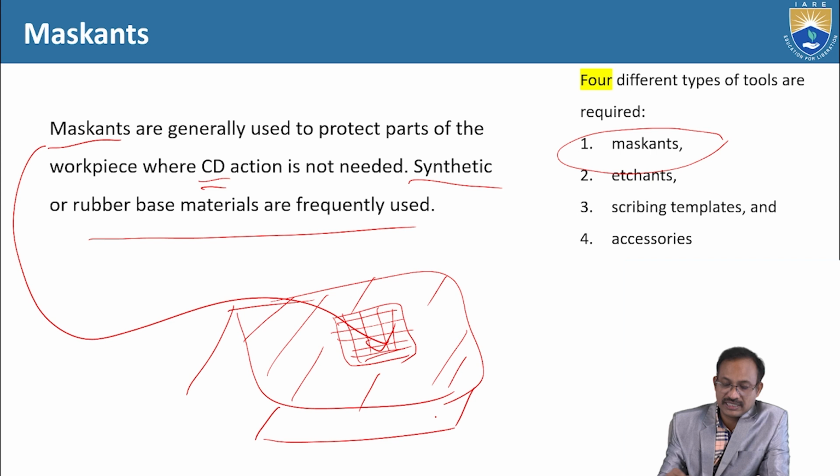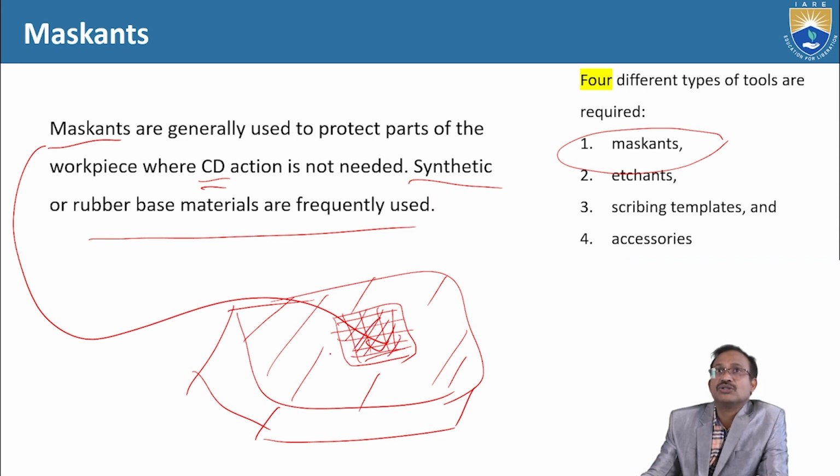Let us say this is the workpiece, this is the surface, and in this area we do not want chemical dissociation. So there we have to apply the maskant. In the rest of the area the chemical reaction will take place.